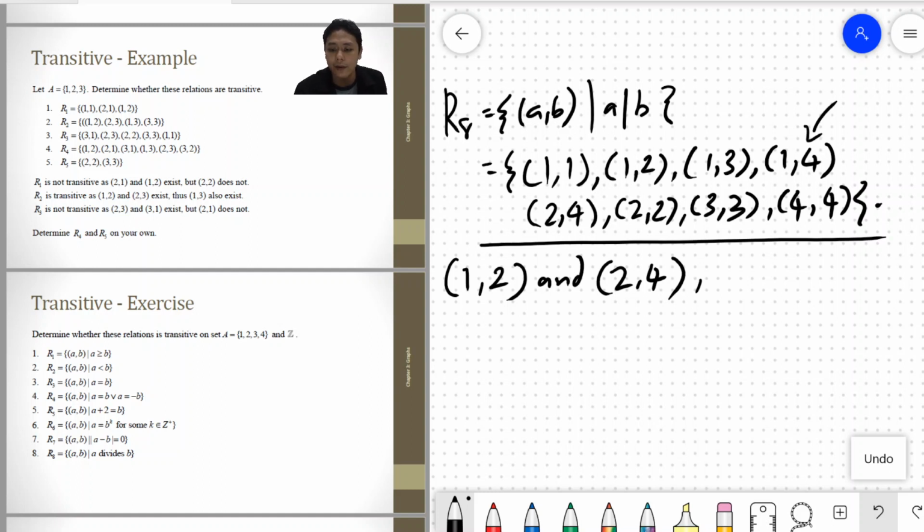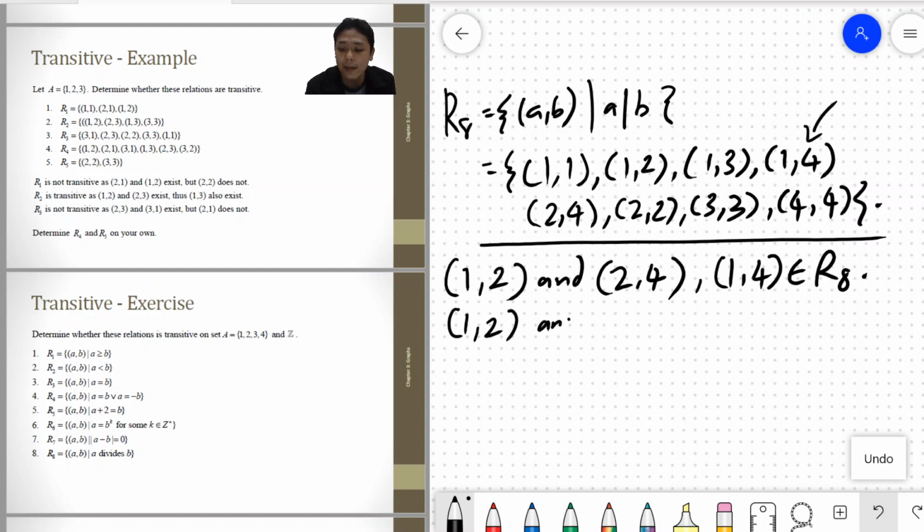Here is 1, 4. 1, 2, 2, 4. 1, 4 is inside this R8. Other than that, I don't think I find another different set of A, B, and C. The best that I could find for 1, 2 is 1, 2. I managed to find 2, 2. And of course, it will be 1, 2 back.